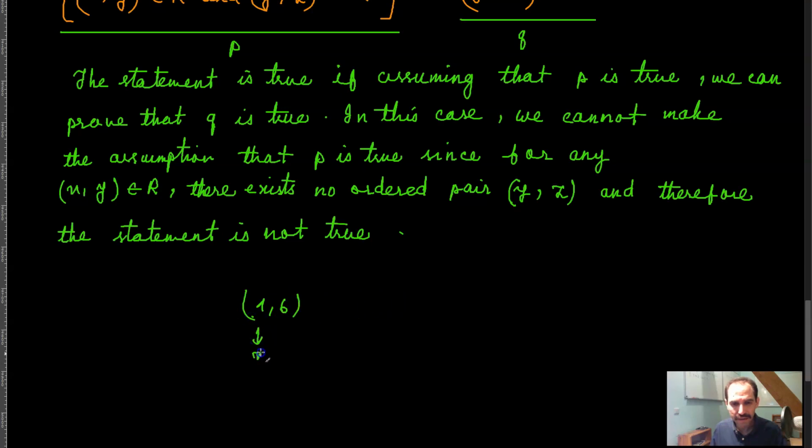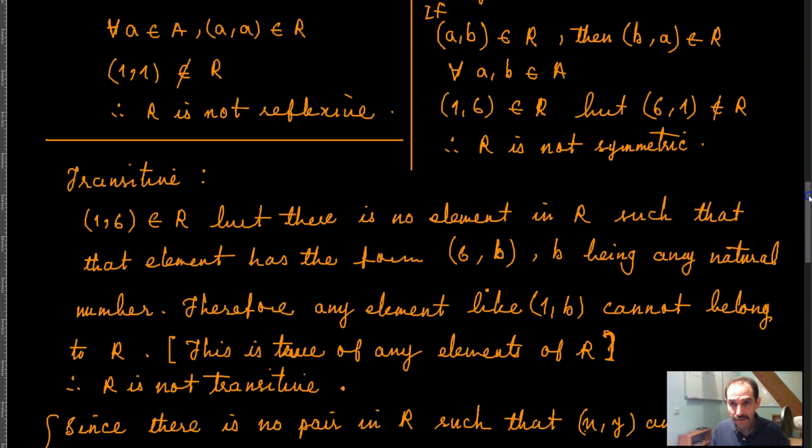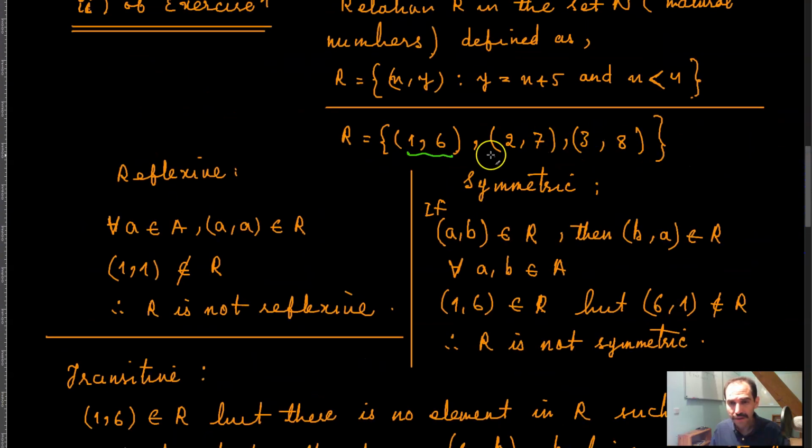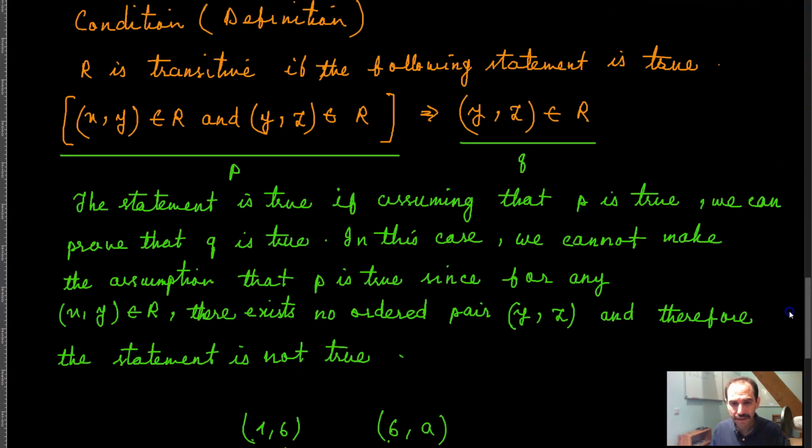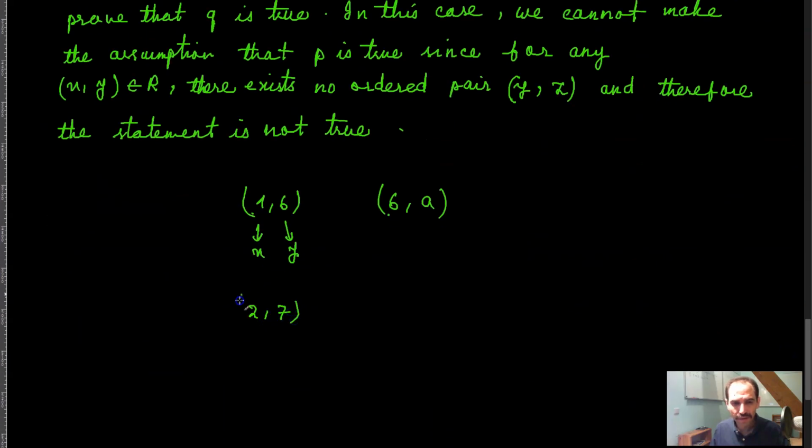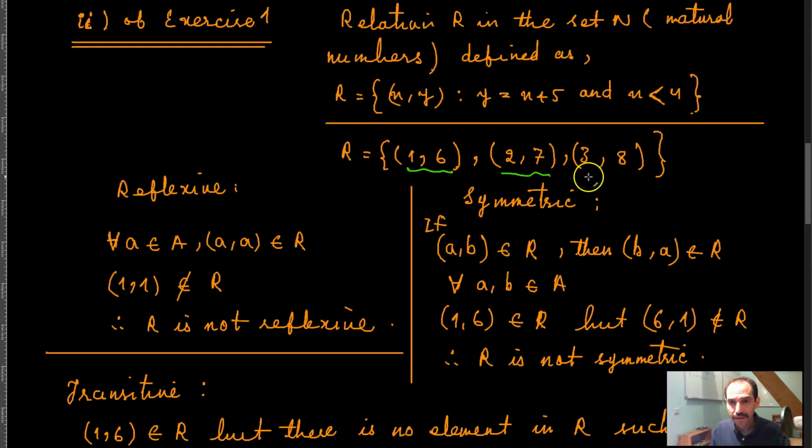If I take this as x, y, then y, z would be some ordered pair starting with a 6 and some other number, for example some a. But there is no ordered pair that starts with a 6. If I take 2, 7 as x, y, then there exists no element that starts with a 7 and some other number. 7, 8 doesn't either.